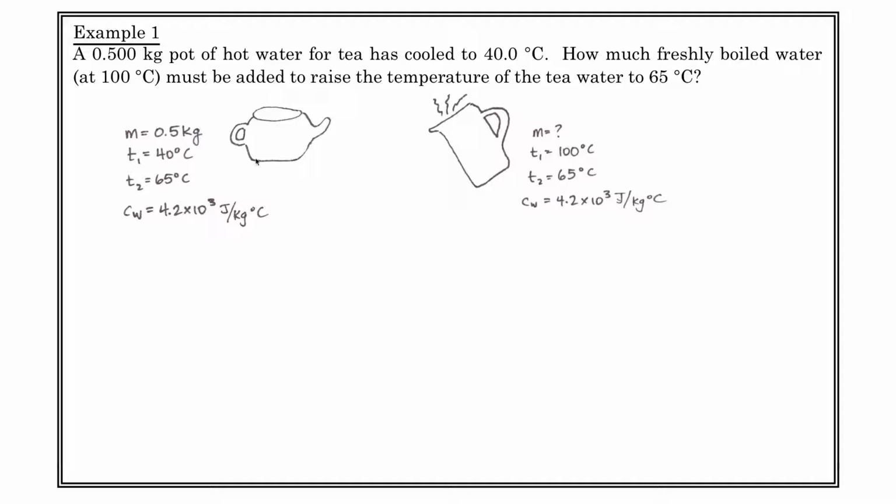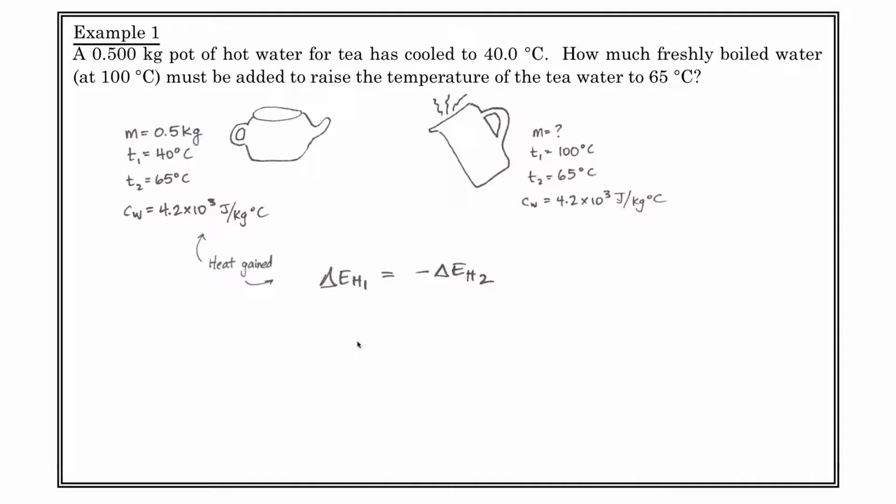Because this is tea water and this is boiling water, we can just use the same specific heat capacity. The tea leaves aren't going to change the specific heat capacity enough to worry about, so we're just going to use c_w for both of these, the same constant. And here we begin. We start with our statement of conservation of energy: the heat energy gained by this water is going to equal the heat energy lost by this water, okay?